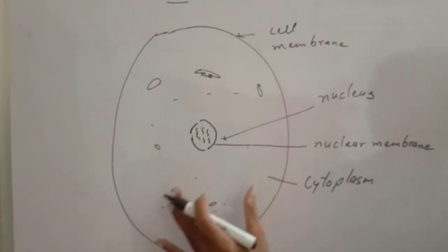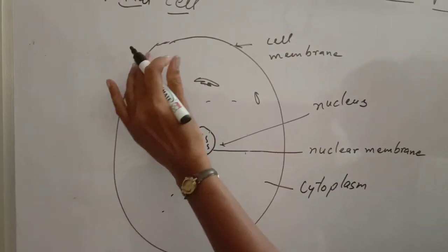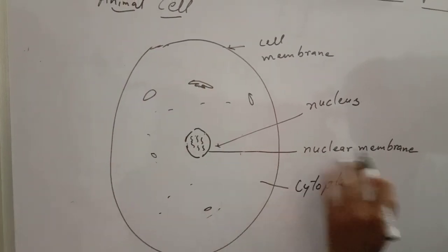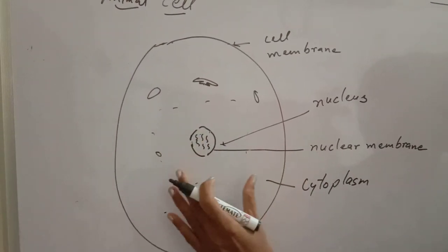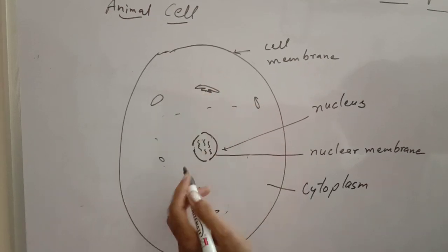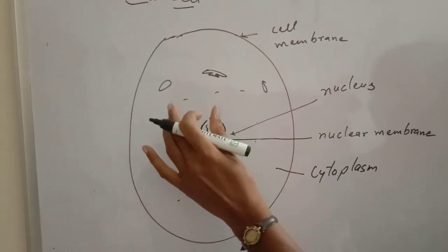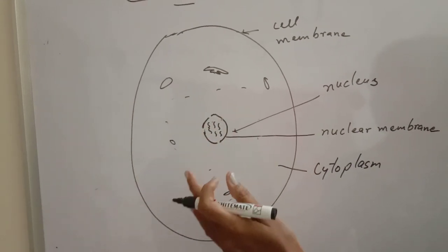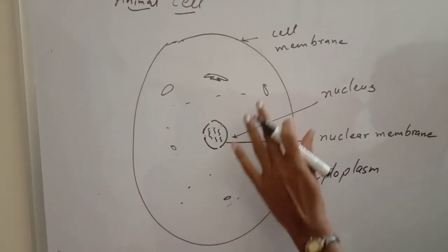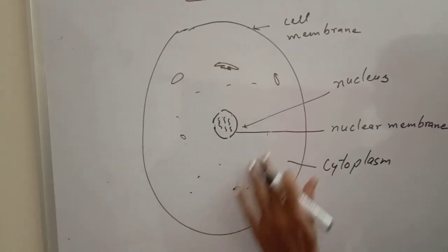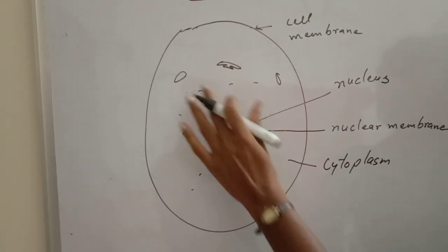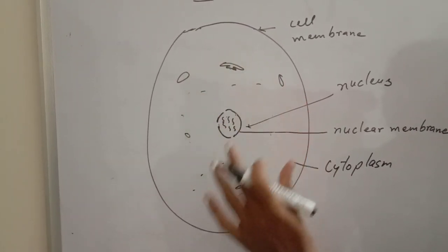Okay, now the fluid present inside the cell membrane and outside the nuclear membrane is known as cytoplasm. That is the fluid, the liquid in which many organelles of the cell are present, like mitochondria, lysosomes, ribosomes, endoplasmic reticulum. So all these organelles are present inside the cytoplasm. We will learn about all these organelles in our next session.